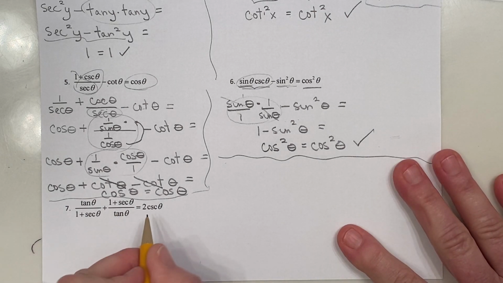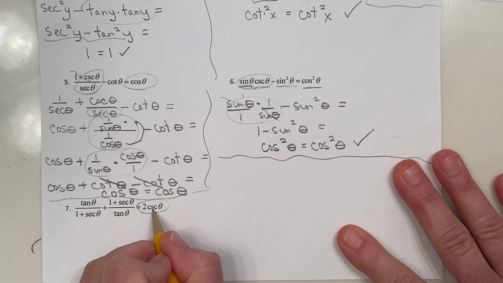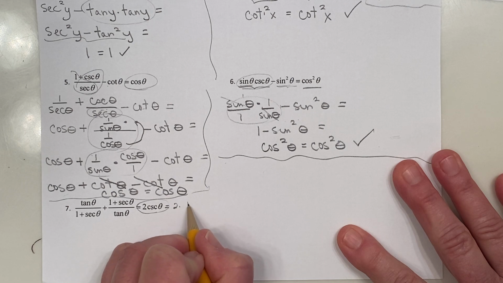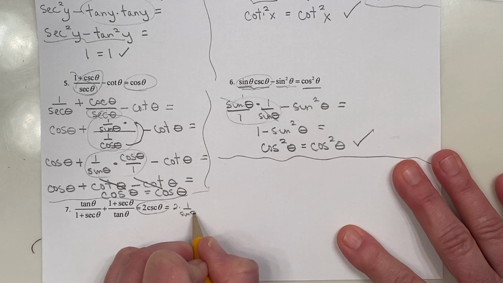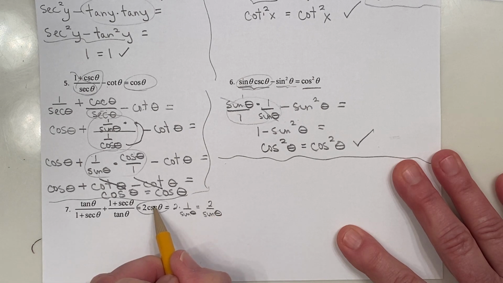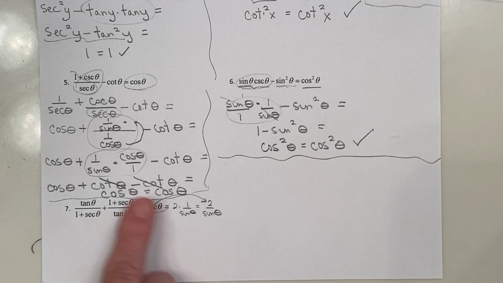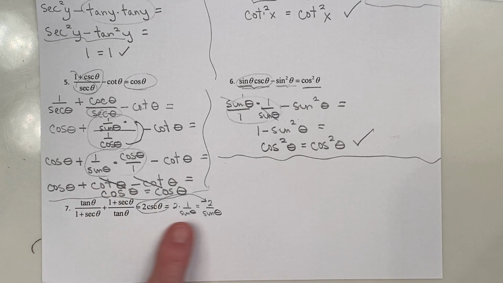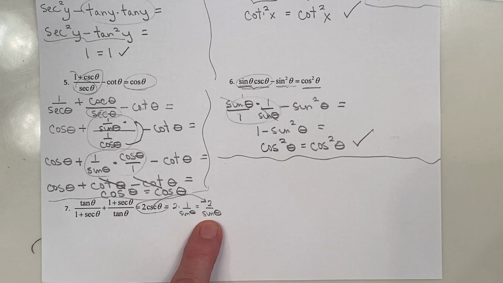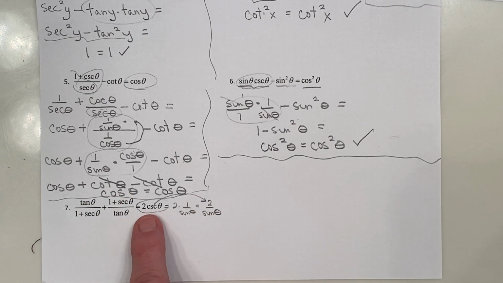Sometimes it's good to do one step on the right-hand side because this isn't real comfortable to us, but this is going to be 2 times 1 over sine theta, or 2 over sine theta. So 2 cosecant theta is equivalent to 2 over sine theta. So if I do some work over here on the left-hand side of the equation and I get to a point where I think, oh, I think I can get this work to be 2 over sine theta, I would be finished.